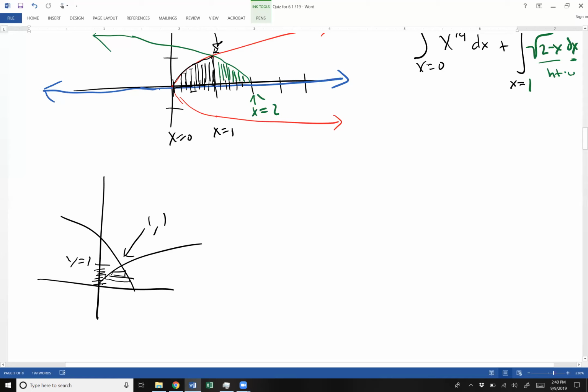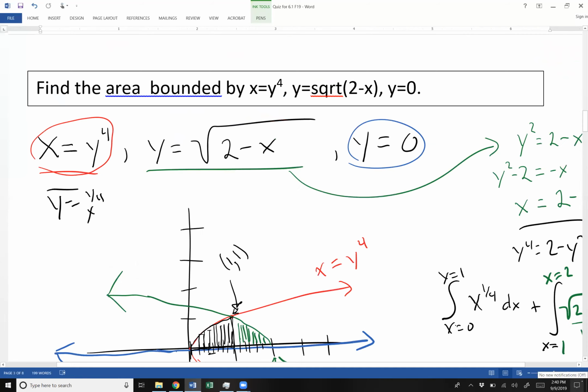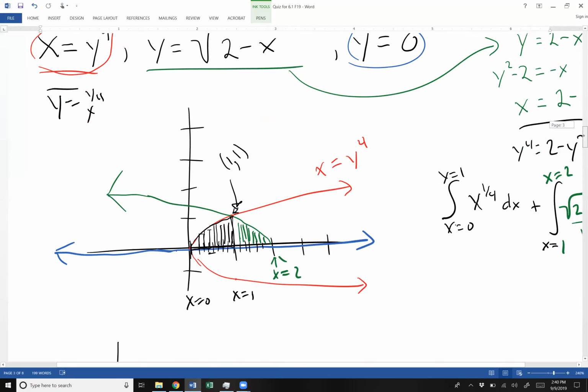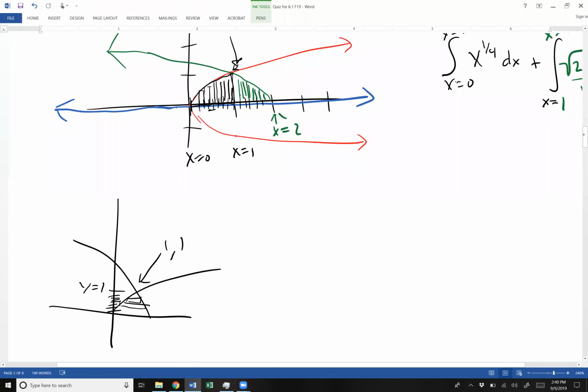And in that case, my width is going to be a dy, or a delta y. The length now, or the height, except sideways, so we can call it length.